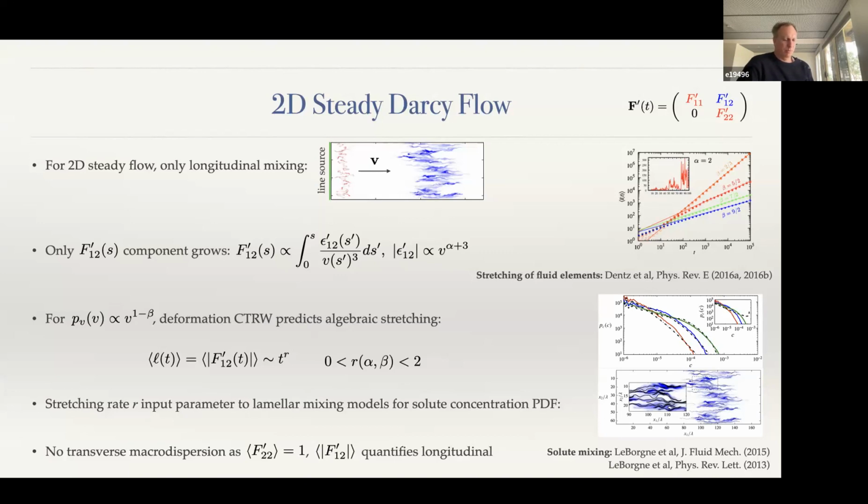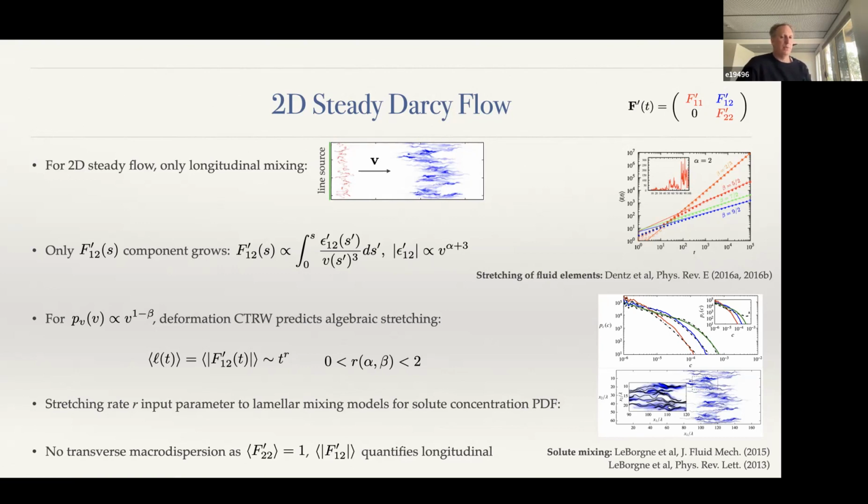So by solving this problem, we essentially have closed form solutions for the stretching of fluid elements in these relatively simple steady 2D flows, and then those stretching rates can be placed within the lamella mixing models to give us ab initio predictions of the solute concentration PDF. Note there's no transverse dispersion in this system because the ensemble average of the transverse components of the deformation tensor is 1, and it's only F12 that quantifies the longitudinal dispersion.